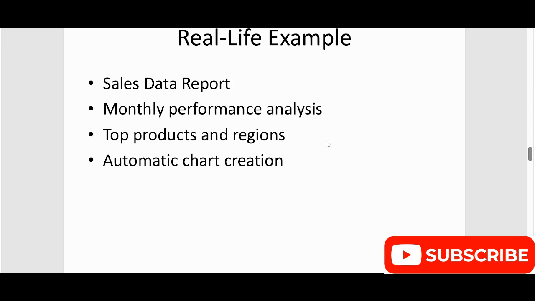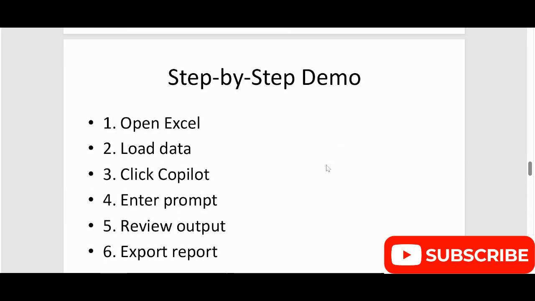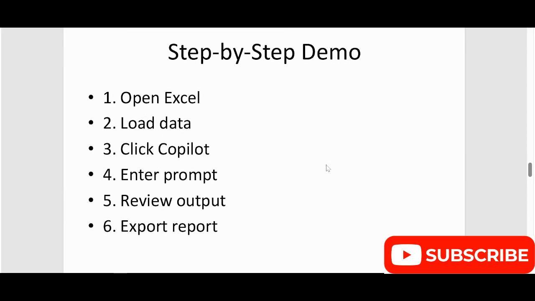Top products and reasons, for this also you can use it. Automatic chart creation, in that also Copilot will help you. So these are all the real life examples. Step by step I will show you, but here you can follow all this.